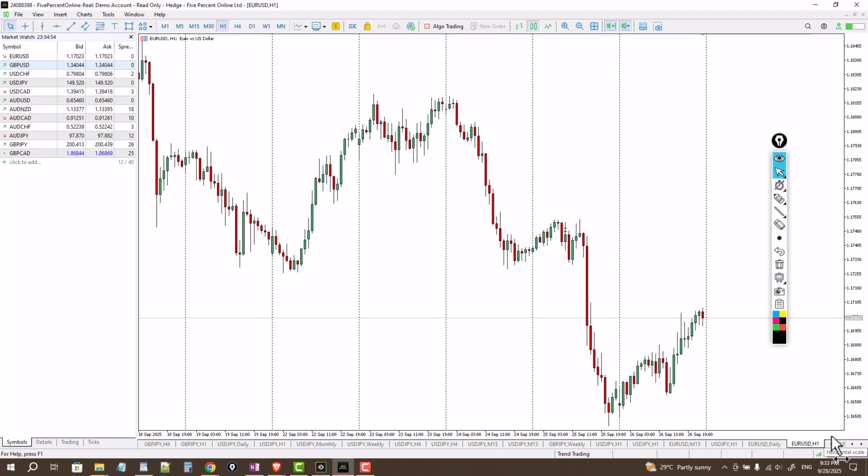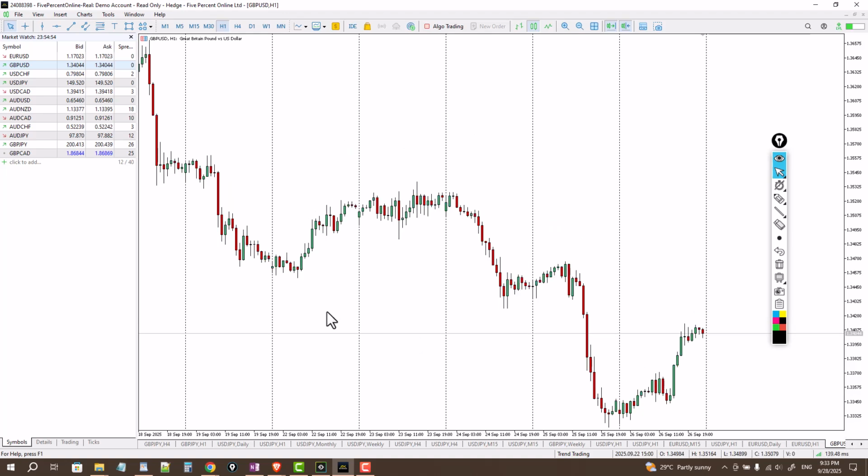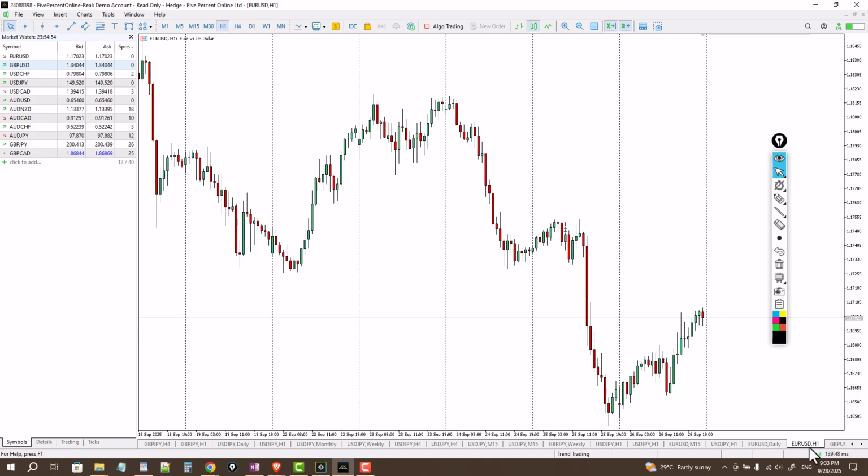This is what we refer to in Forex terms as a positive correlation. So when the GBP USD, for example, is showing you a downtrend on the 1 hour time frame, it is very highly likely, because they are positively correlated, that the Euro USD is also going to be showing you the same thing.